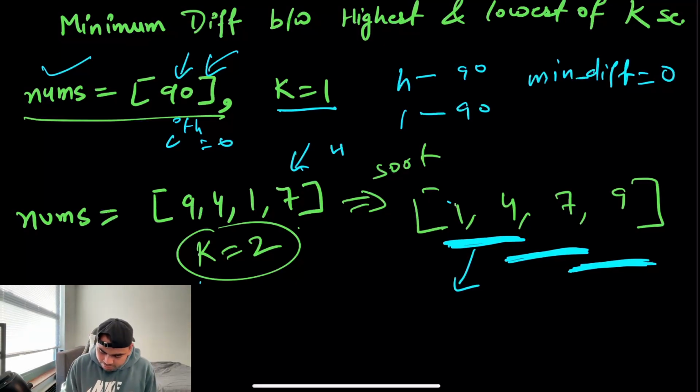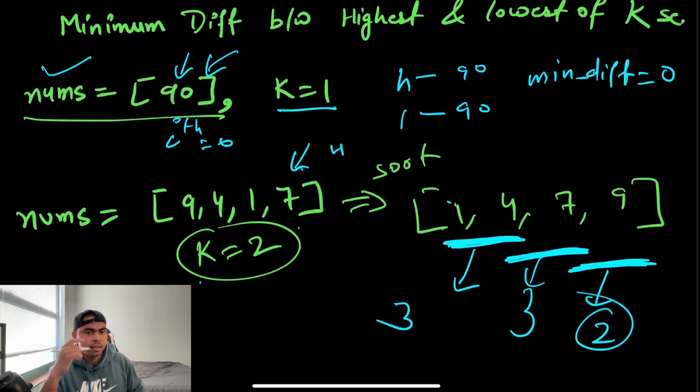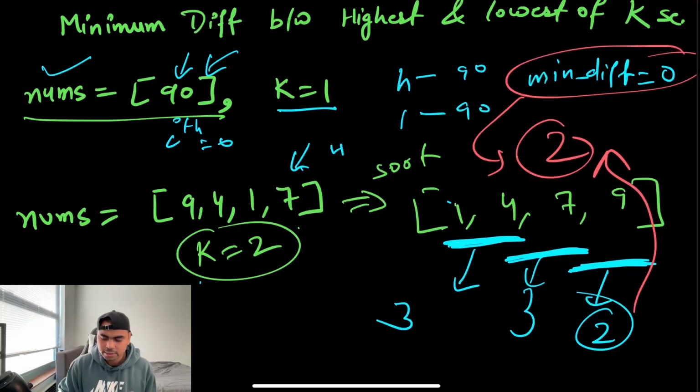So here the difference would be 4 minus 1, 3. 7 minus 4 would give you 3 again, and then 9 minus 7 would give you 2, and that is what our answer should be for example 2. So this will return answer 2 for this example.